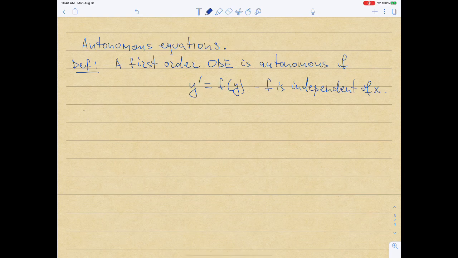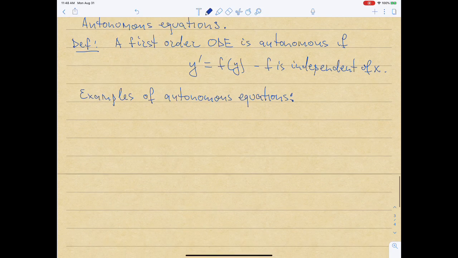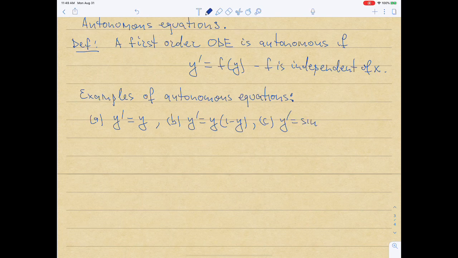So for example, examples of autonomous equations are going to be things like this. y prime is equal to y is an autonomous equation. y prime is equal to y times 1 minus y, maybe y prime is equal to sine y.